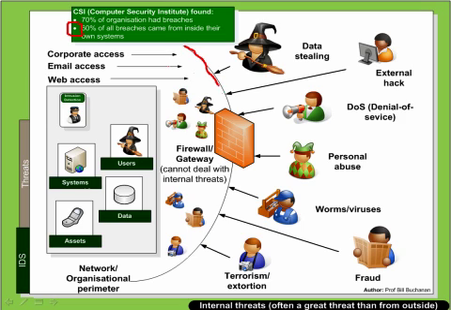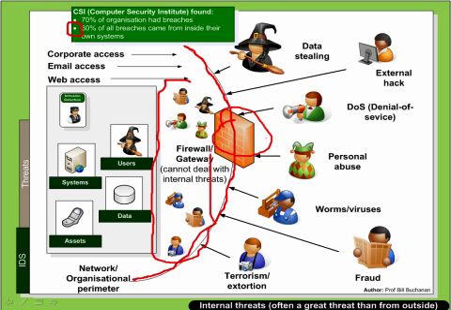So it doesn't solve the whole problem to focus on the main firewall or gateway, as the problems could already be inside our own network. Internal threats are as big a problem as external threats.